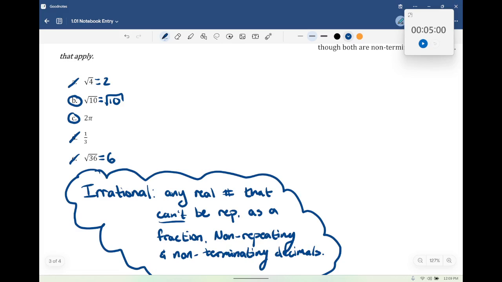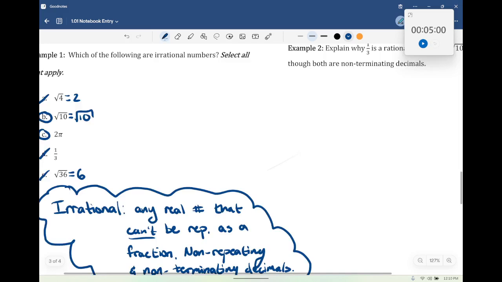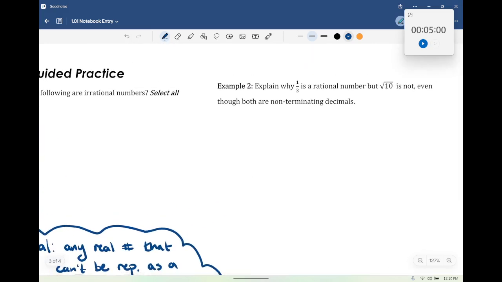Now, on example 2, just on the other side, we're really just looking to stamp why. Why is root 10 irrational when 1/3 isn't? And this comes down to what we've already really mentioned, repeating decimals versus non-repeating decimals. And so 1/3, right, is actually 0.3333 forever.